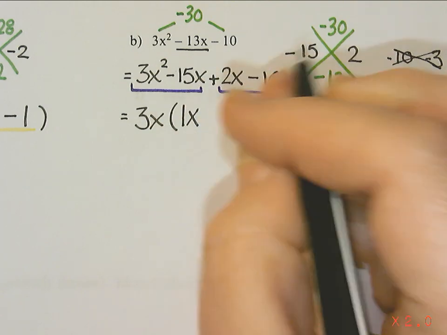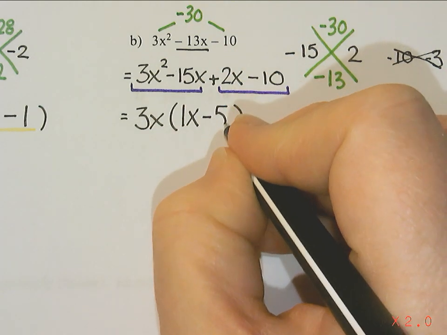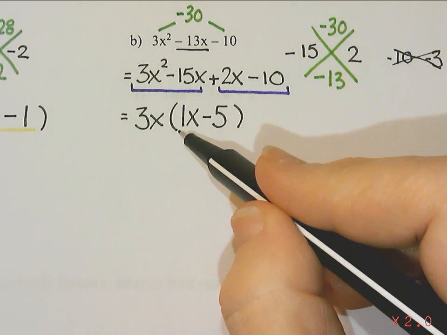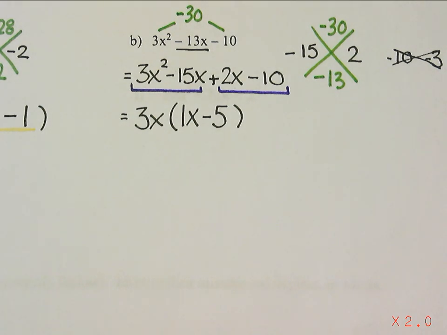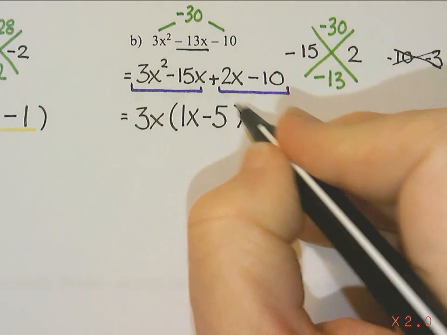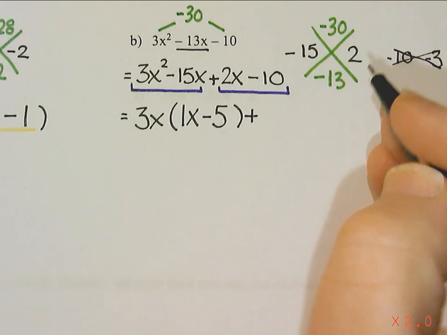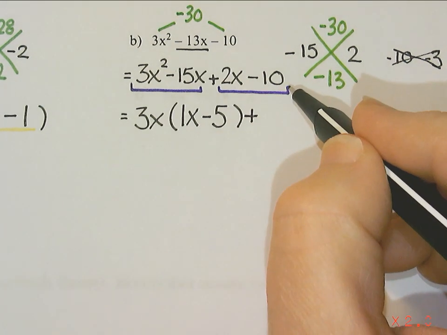Negative 15 divided by 3 is negative 5. X divided by x, I had an x, we took it out, so there is no x left behind. It's just 1x minus 5. The sign in between is the sign that's right here, so I put a plus right there. Then I have 2x, take away 10.